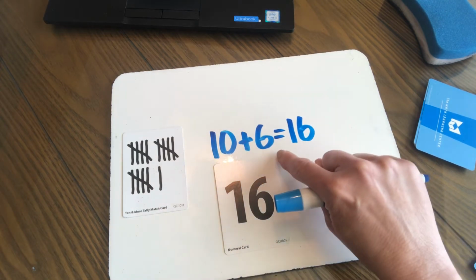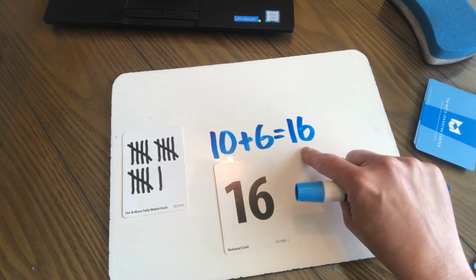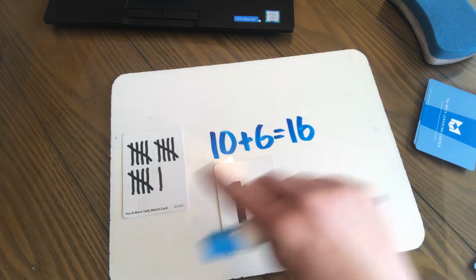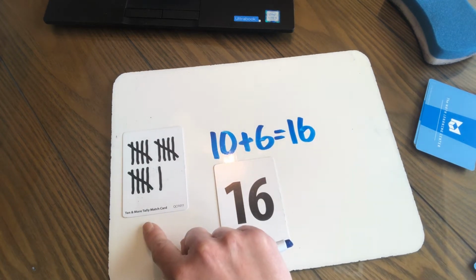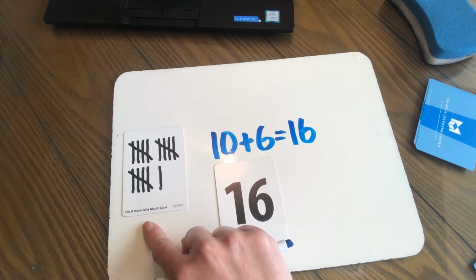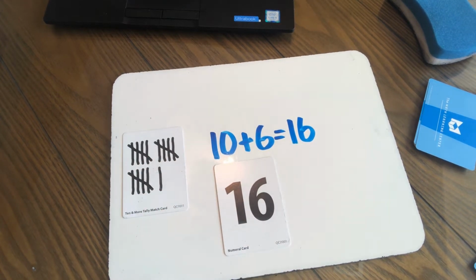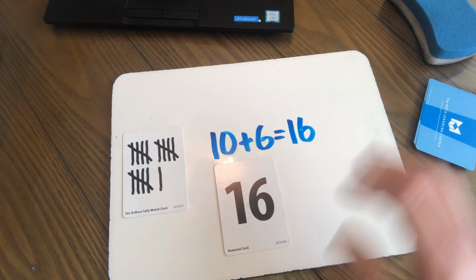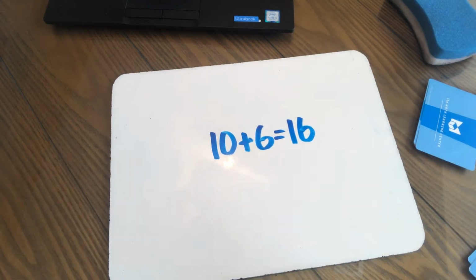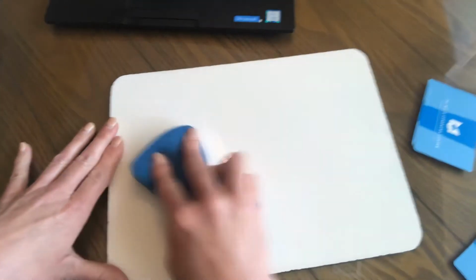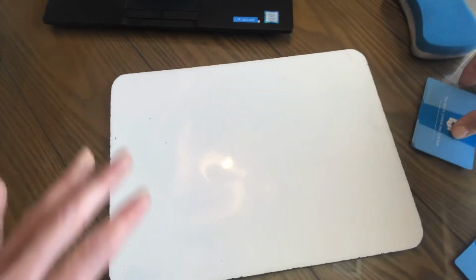I can show 10 plus 6 equals 16 in a number sentence. And I can also match it or show it with my tallies, 10 on top and 6 on the bottom. All right, let's look at another card.